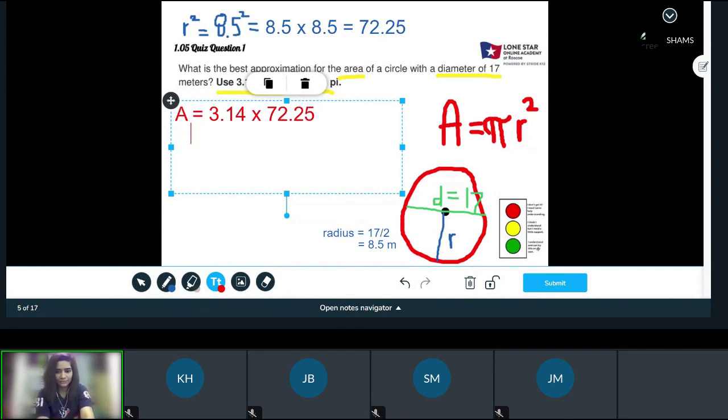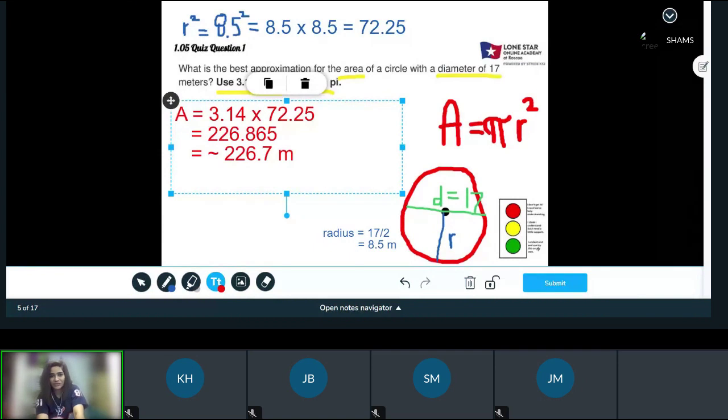And when you multiply, you get an answer that is 226.865. It is important that you round it to one decimal place. You get 226 point how much? 0.7 meters.